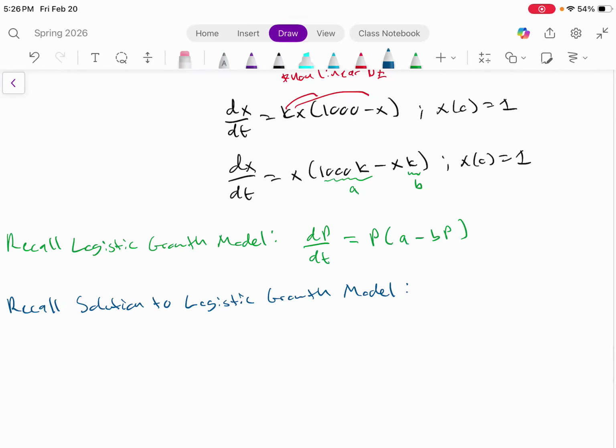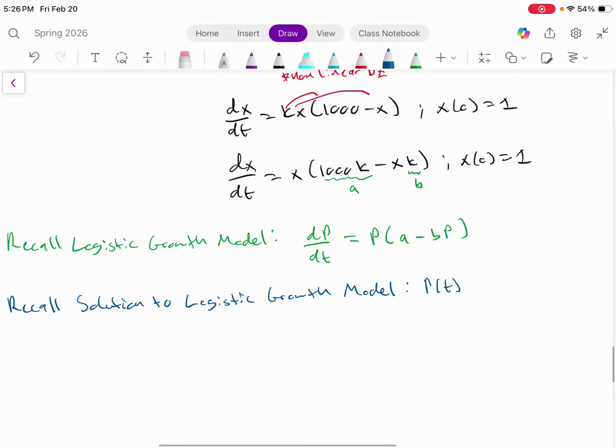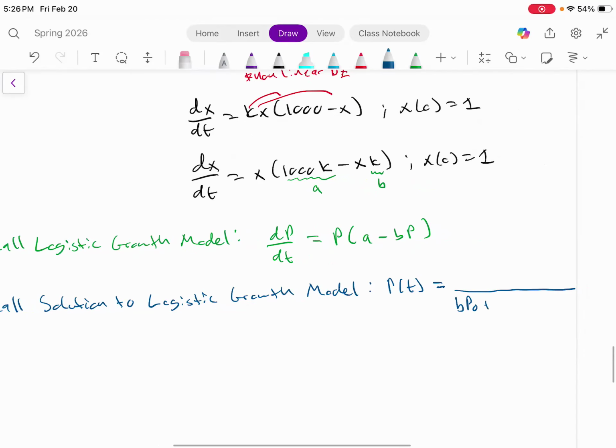It is P of t equals B times P naught in the denominator plus A minus B P naught times e to the negative A t, and we have A P naught in the numerator.